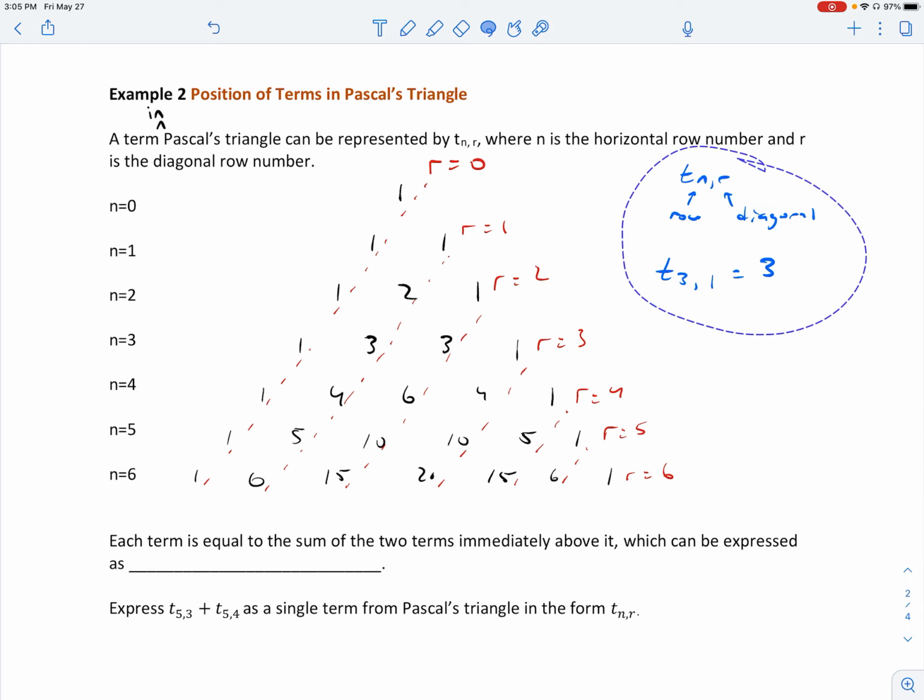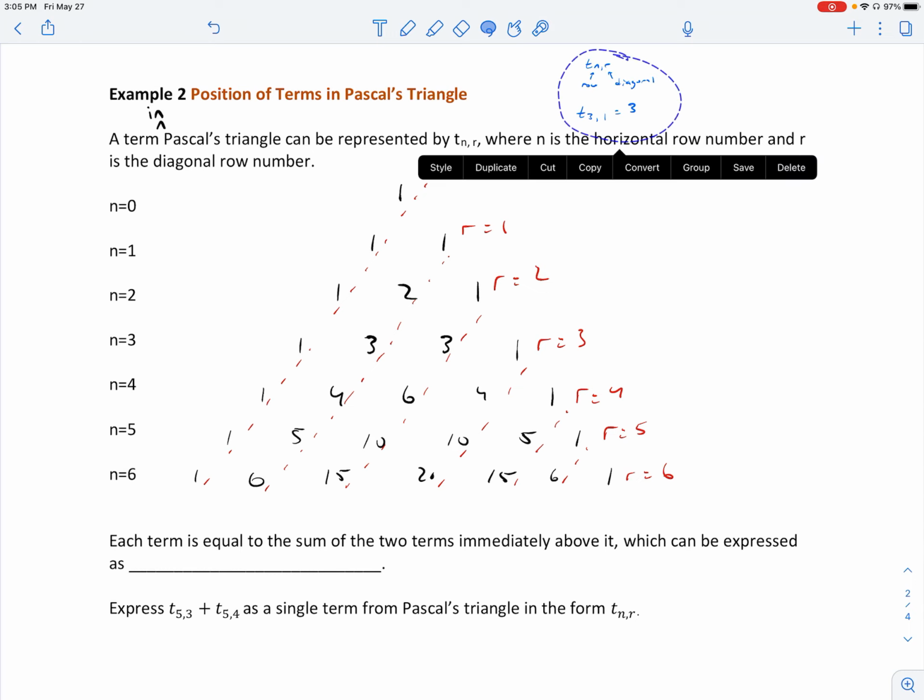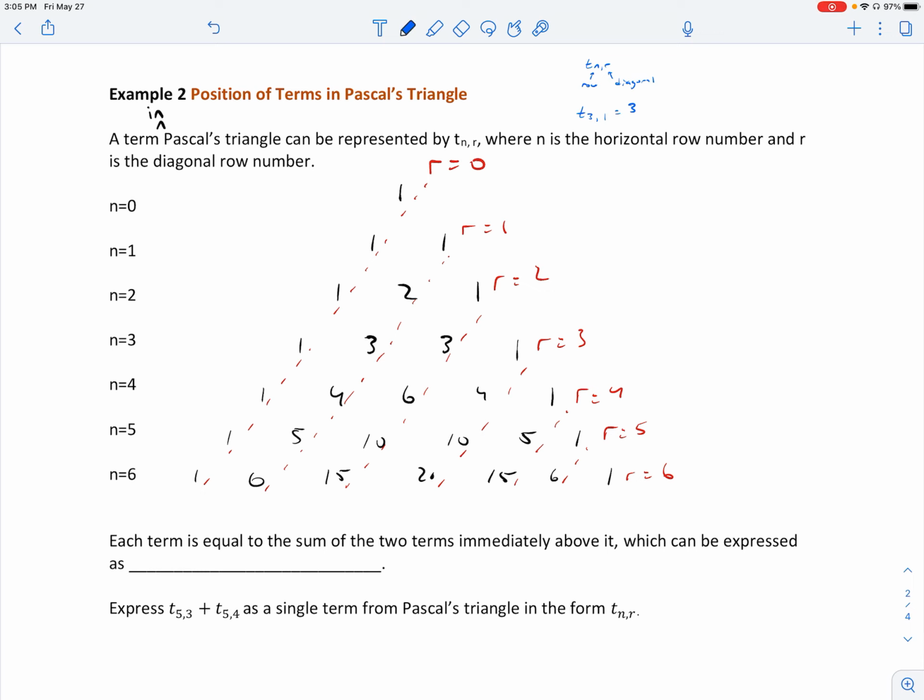Just to show this a little bit further, I'm going to move this out of the way here, and we can write down each element in the triangle using its representation. So T 0 0 would be the first element. That's this one here, because it's row 0, diagonal 0. The one directly underneath is still in the same diagonal, so they're all going to have 0 for the second part of the subscript.